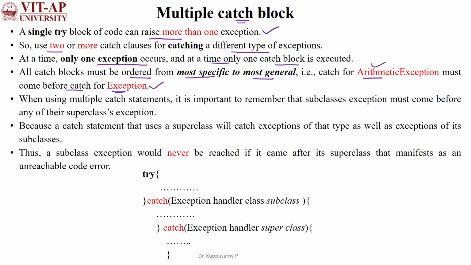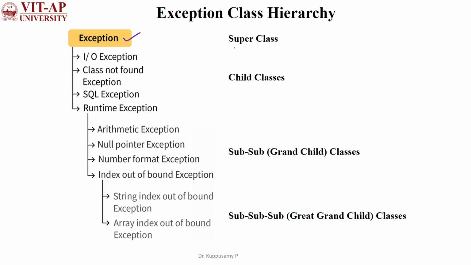For example, here you see Exception is the superclass for all the exceptions in Java programming. Then it has child classes or subclasses: IO exception, class not found exception, SQL exception, then runtime exception. The runtime exception again has child classes, so this is a grandchild to the exception class. Runtime exception has its own child classes: arithmetic exception, null pointer exception, number format exception, index out of bound exception.